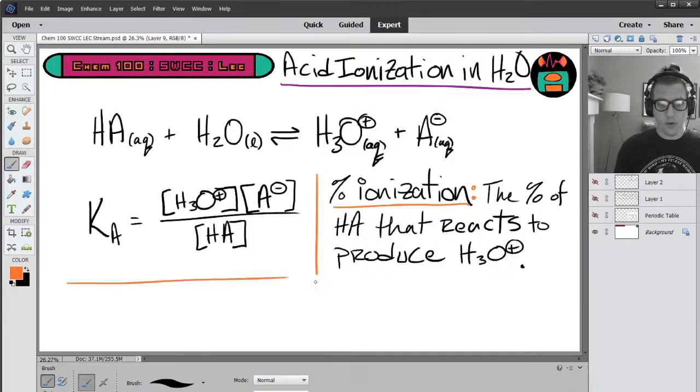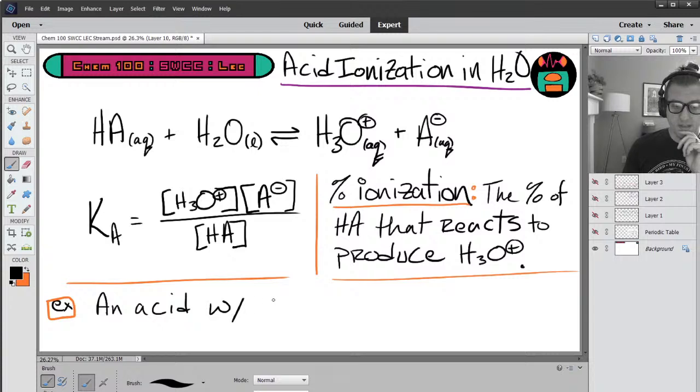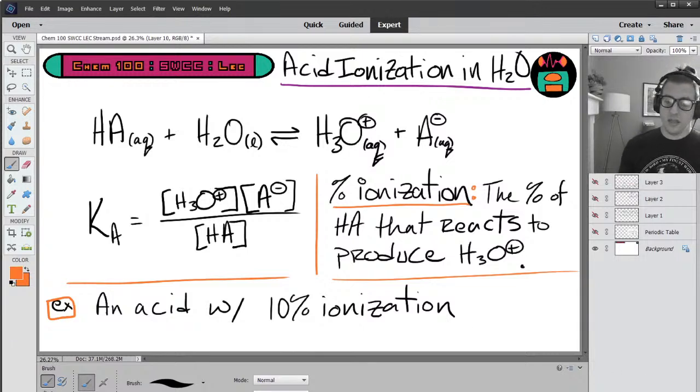All right, so for example, if you had an acid with a 10% ionization, what that means is of the original amount of acid that you started with.